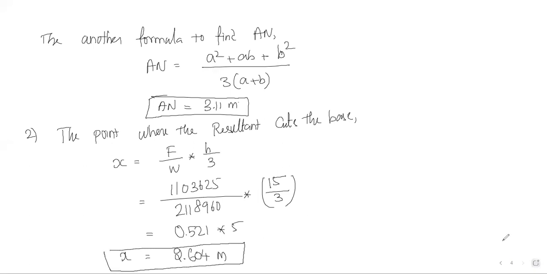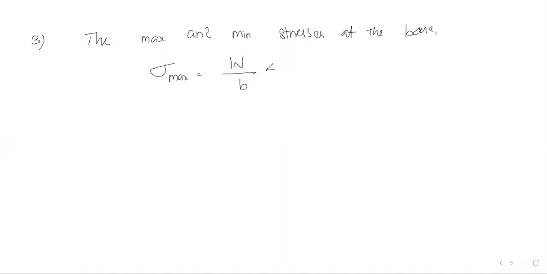So the third question, the maximum and minimum stresses at the base. So sigma max is equal to W by B plus 6 into W into E divided by B squared.